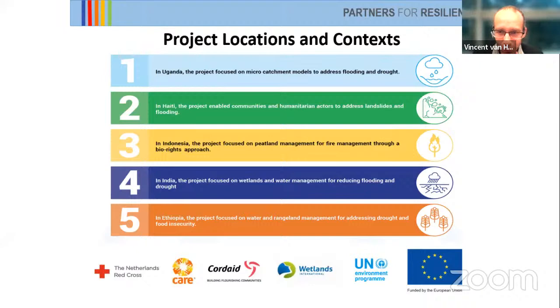When you go through these sentences per project, you can observe that a common driver of risk has been water. So too much water or too little, and its implications on soil. As mentioned in the video as well, 3 core elements have been used in these 5 countries: ecosystem restoration and protection, disaster risk reduction, and climate smart livelihood, with the main objective to come up with scalable models that are fit for this local situation and entry points.